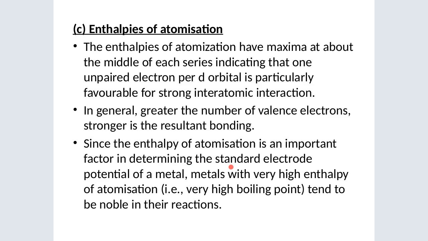Then enthalpies of atomization. This is the energy you would need to take these atoms to the gaseous form. These have a maxima at the middle of each series, indicating that the unpaired electrons per d orbital is favorable for strong interatomic interaction.